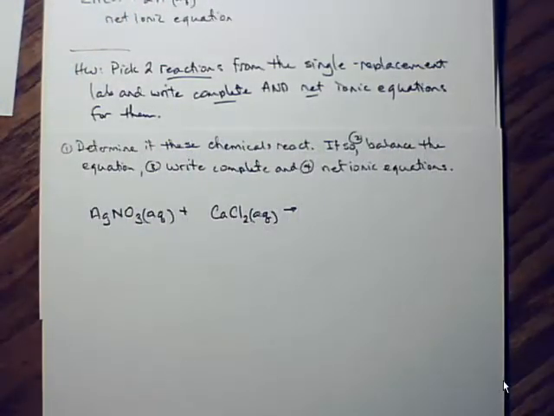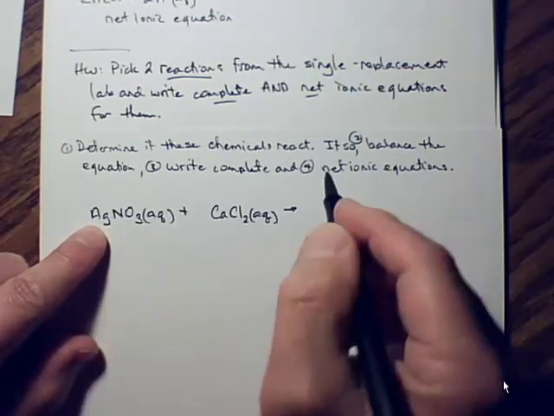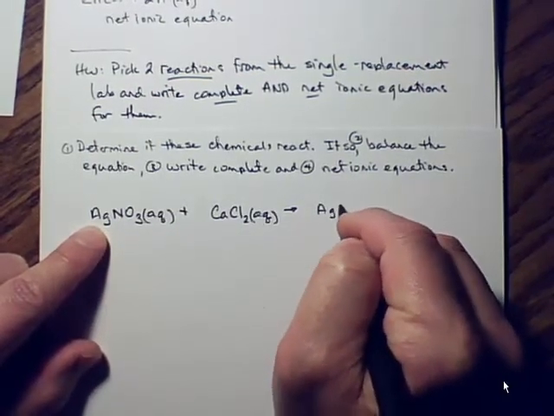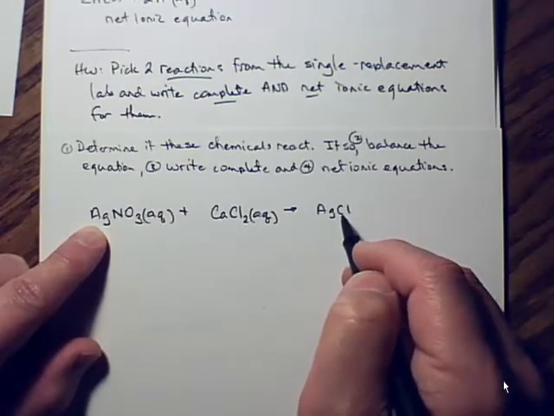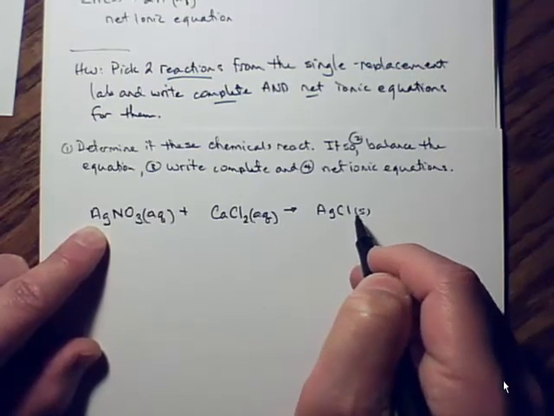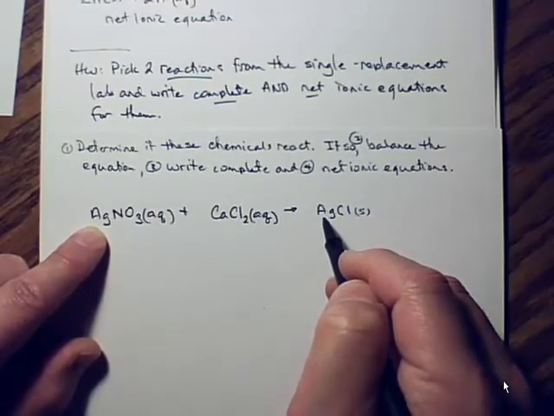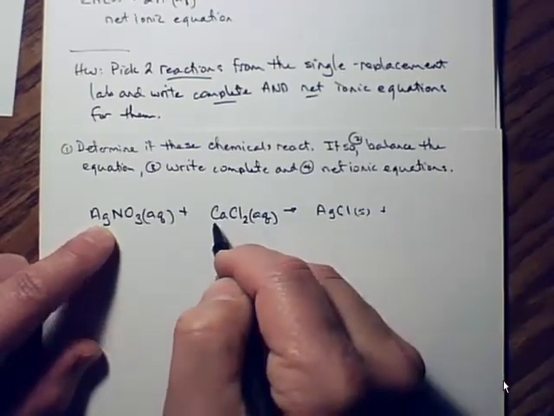Alright, for time we'll kind of rush through this, alright? So the silver is going to join up with the chlorine. So we get AgCl. And chlorides are mostly soluble, but not when they're bonded with silver, so this is a solid. I need to balance the formula. Silver has a 1+ charge, chlorine a 1 negative, so that is balanced.